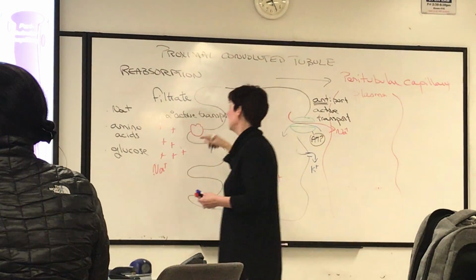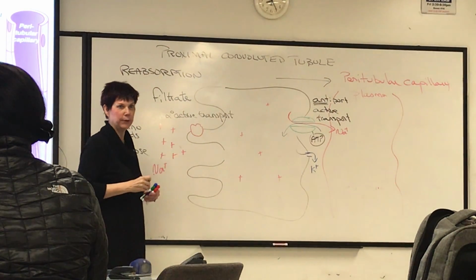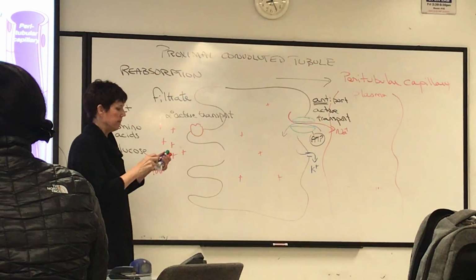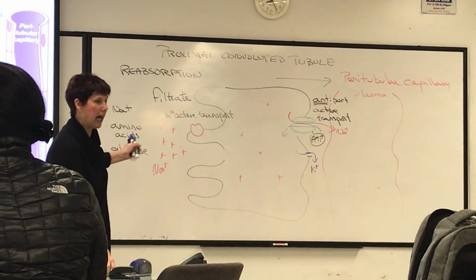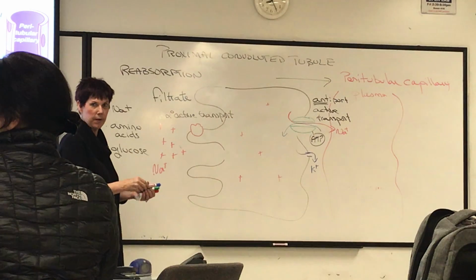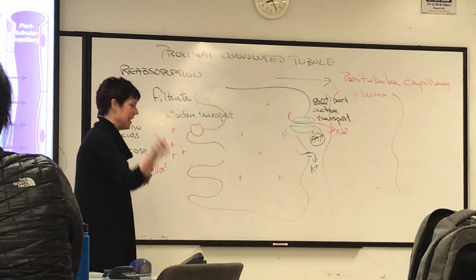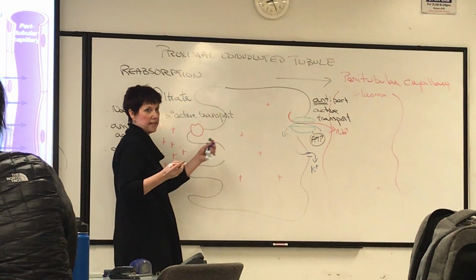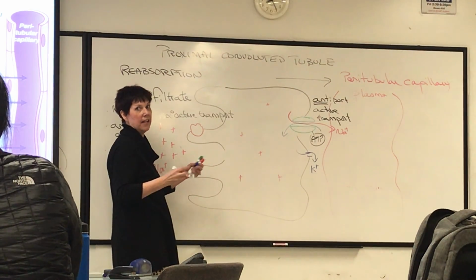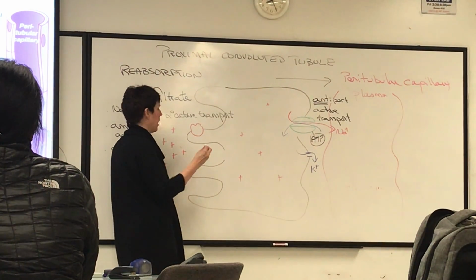All right. Now we have our secondary active transport. Sodium has a higher gradient outside the cell, so it's going to ride its gradient into the cell. Now, as an ion, it's not going to go through the plasma membrane, so it needs an ion channel or some kind of support.